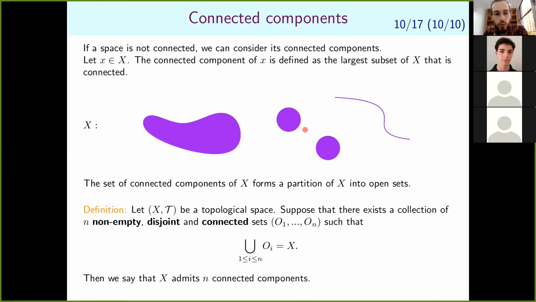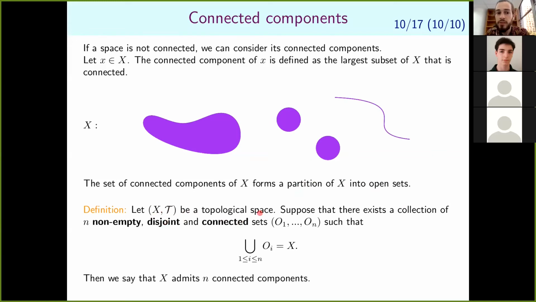So we can show that a connected component is open in our topological space, and if we have finitely many components, then they are also closed. We can define the number of connected components like that.